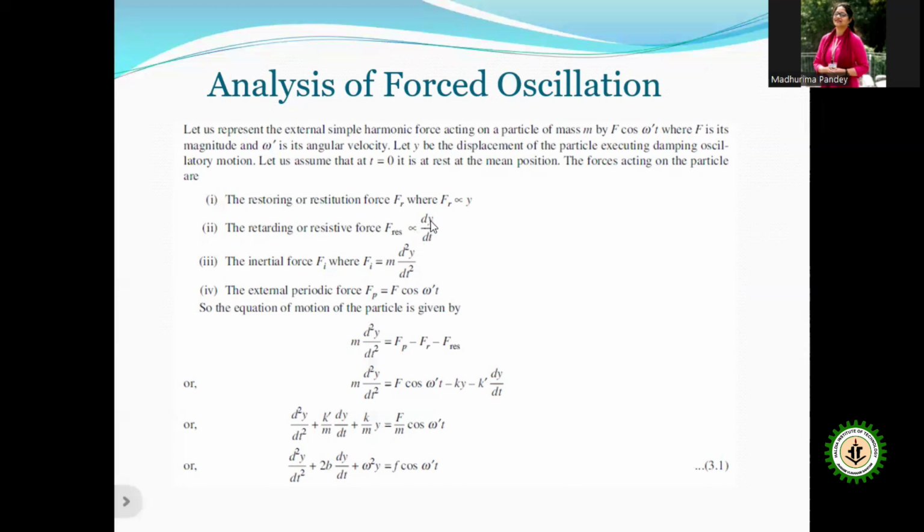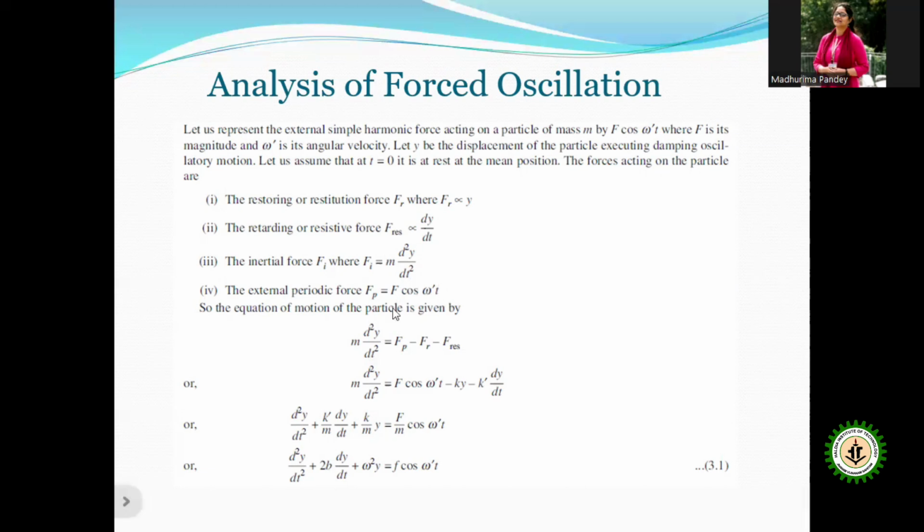We know the damping force is proportional to the velocity, that is dy/dt, the first order derivative of displacement. Now the usual inertial force is mass into acceleration. In addition to that, there is an external force, because of which we get continuous oscillation or forced oscillation. That external force is indicated as F cos omega prime t.